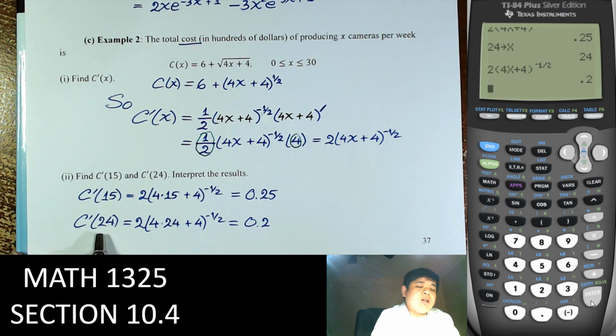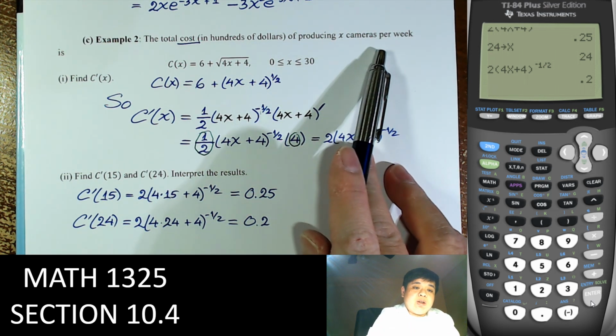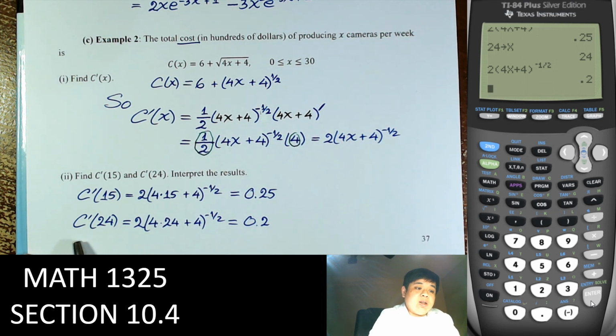And the marginal cost at 24 is 0.2, meaning that at the production of 24 cameras per week, the marginal cost is $0.2 times $100, meaning $20.